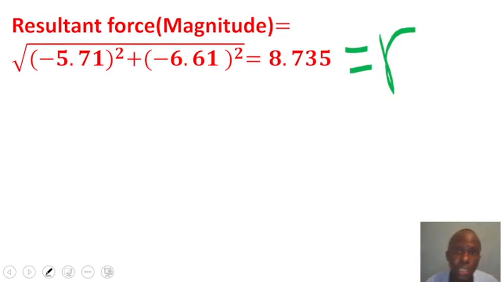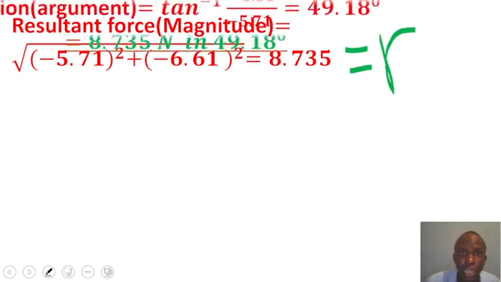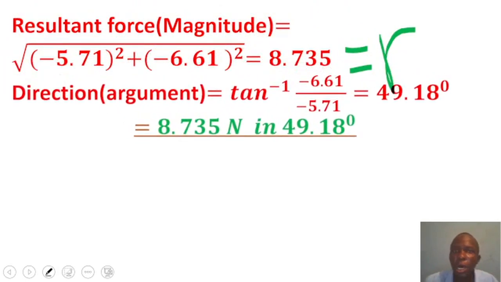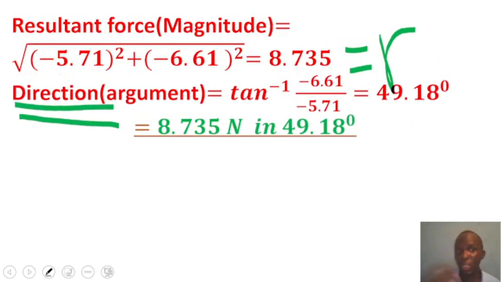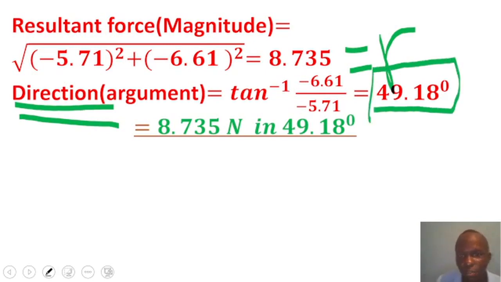The modulus is 8.735. And then we get the argument. Note that the argument gives us the direction, so whenever you are asked about the direction, it is the argument you are supposed to find. So it is 8.735 newtons at 48.18 degrees.